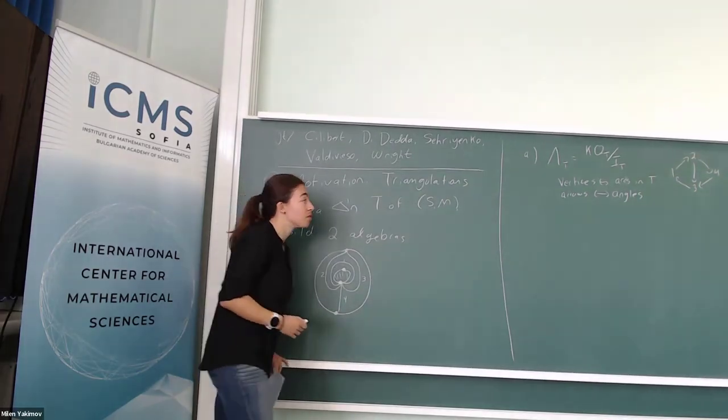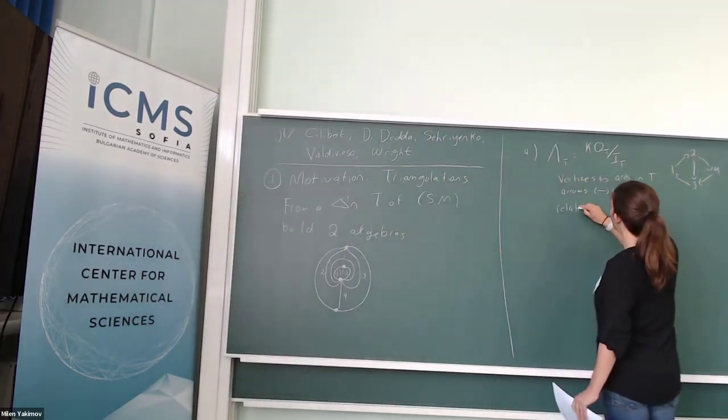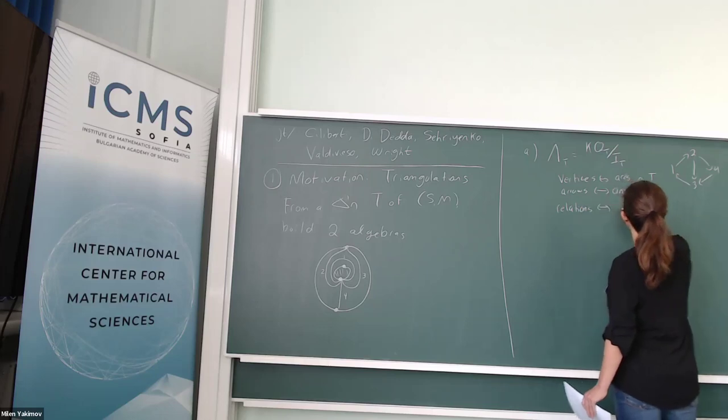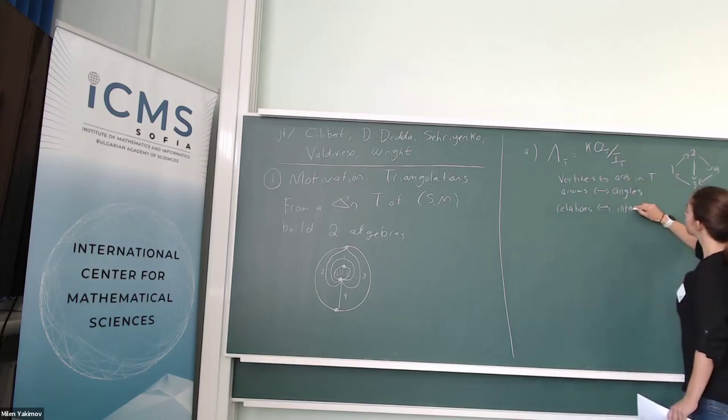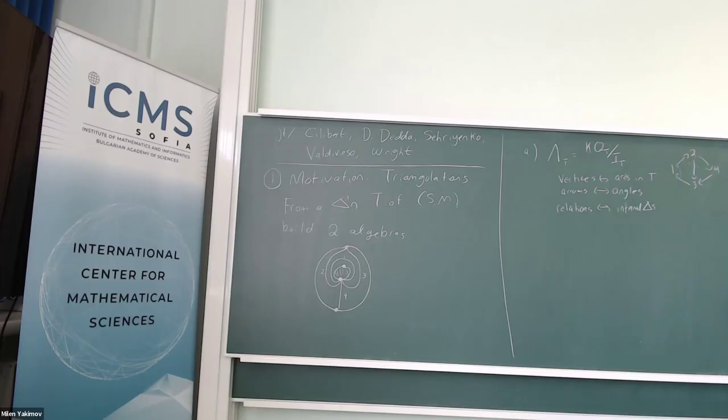So it's an easier version. You can check that this is indeed a gentle algebra, and in fact it's also what's called a Jacobian algebra, so it has many nice properties.